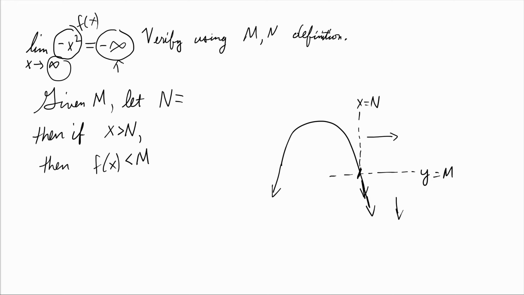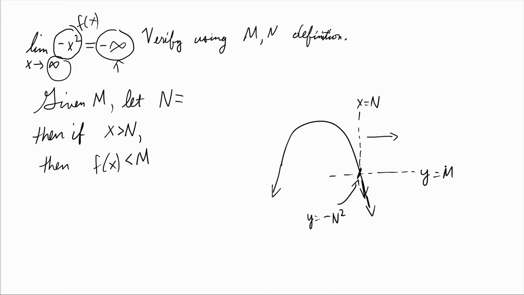So what do we have? We basically have to figure out what this N value is in terms of M. Well, we know what the y value at this point is, knowing what the function is. The function is negative x squared. So you just plug in the x value to give you negative N squared.